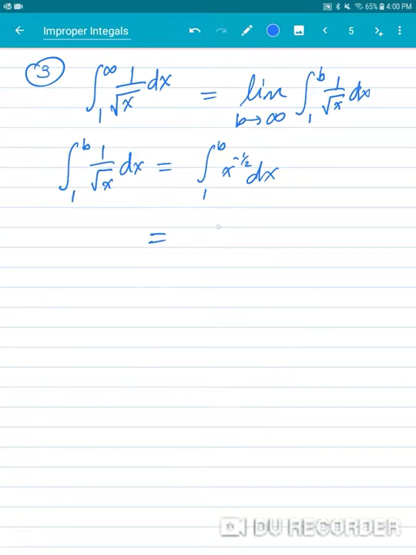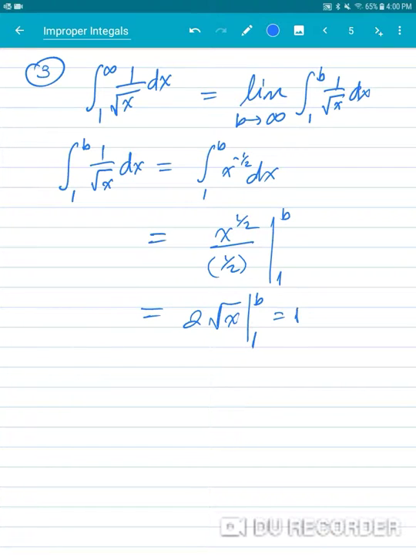Add 1 to minus 1/2, which gives you 1/2, and divide by it, so x to the power of 1/2 over 1/2 from 1 to b, or 2 times the square root of x from 1 to b. This is 2 times square root of b minus 2 times square root of 1. This is 2 square root of b minus 2.